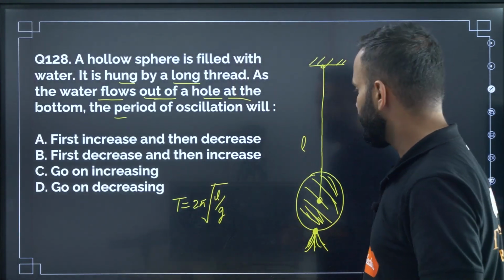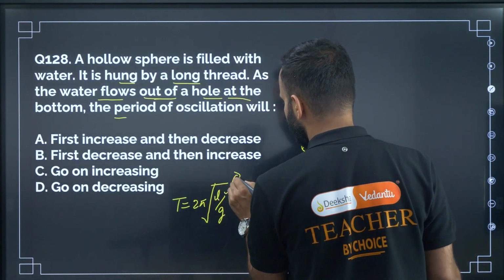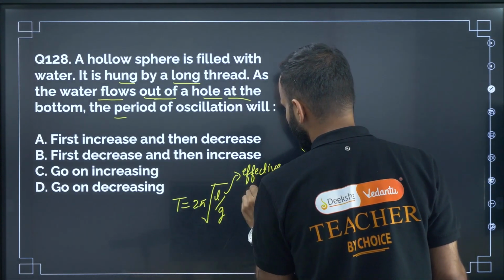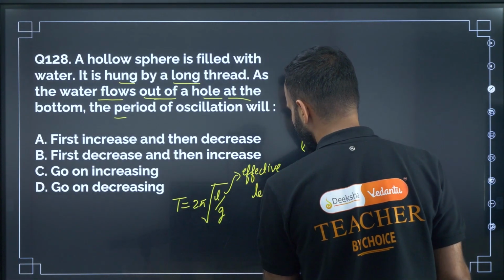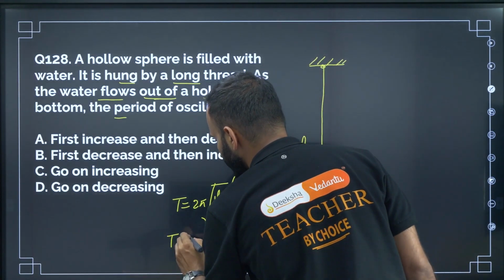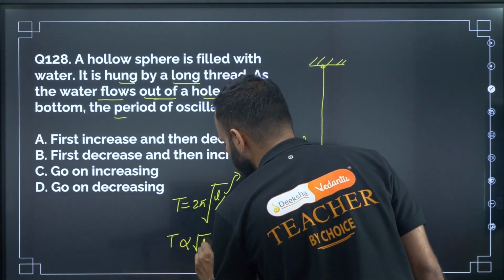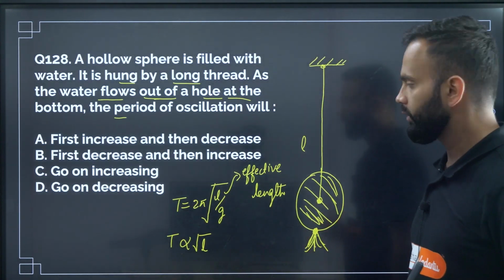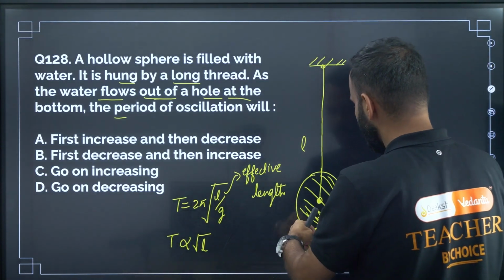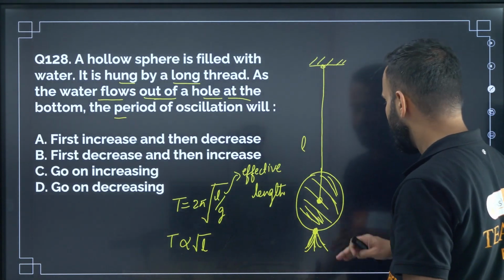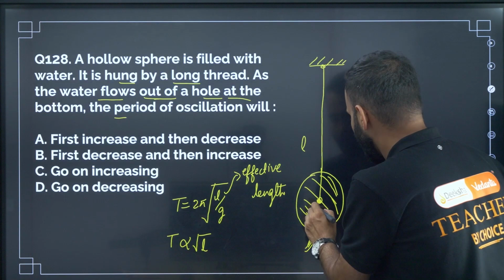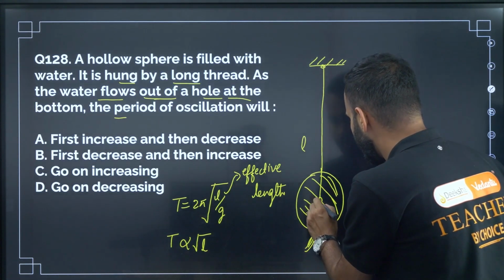L is the effective length. So T, the period of oscillation, is directly proportional to the root of the effective length. As water flows out from this hole, what happens? The center of mass will start to shift in the downward direction.